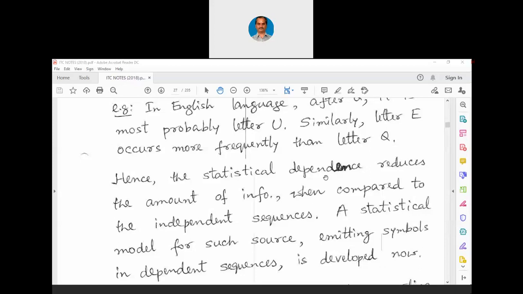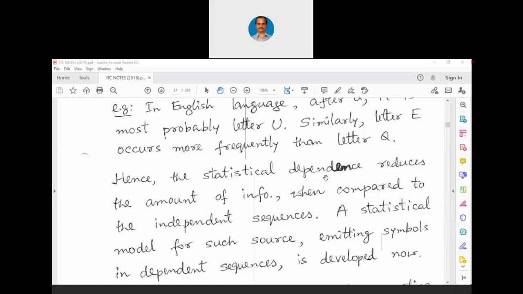The probability of occurrence of u is after the q, and the u is always dependent on the q before its occurrence. So now we have a probability of q as a fractional number, probability of u as a fractional number. When we multiply them together, we will have a fractional number which is less than the other two probabilities. For example, 0.1 into 0.2 will be 0.02.